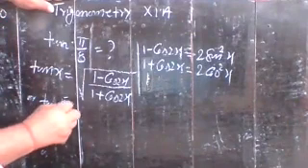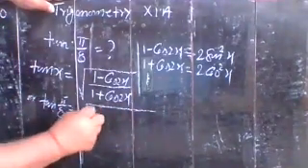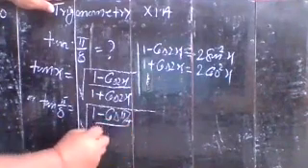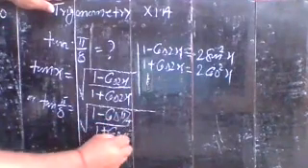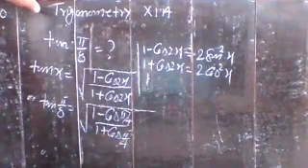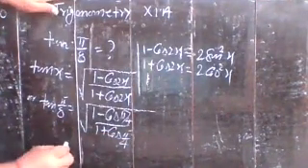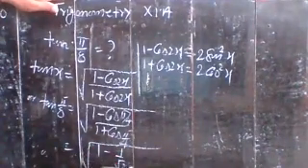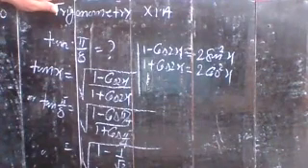Tan pi by 8 is equal to, within root, 1 minus cos pi by 4 upon 1 plus cos pi by 4. Understand? And you know the value of cos pi by 4. So that is equal to, within root, 1 minus 1 by root 2 upon 1 plus 1 by root 2.